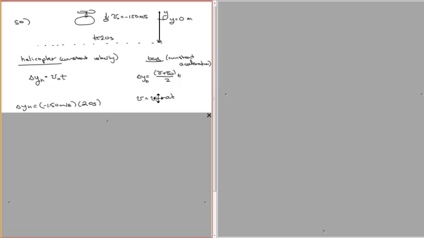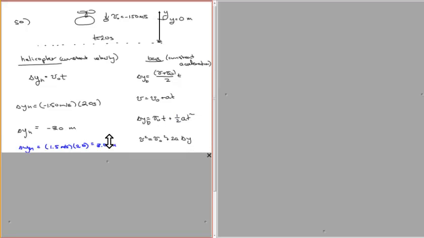The velocity is equal to the initial velocity plus the product of the acceleration and the time. The delta y of the bag is also the initial velocity times time plus 1/2 acceleration times time squared. And the velocity of the bag squared is equal to the initial velocity of the bag squared plus 2 times acceleration times delta y of the bag.